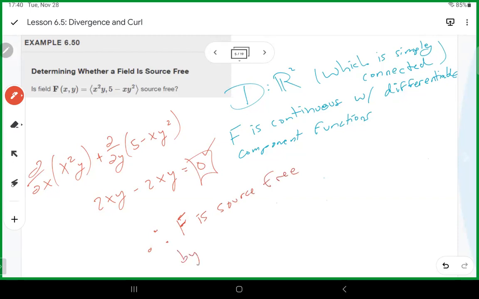And if you want to be most correct, you would say by divergence test for source-free vector fields.